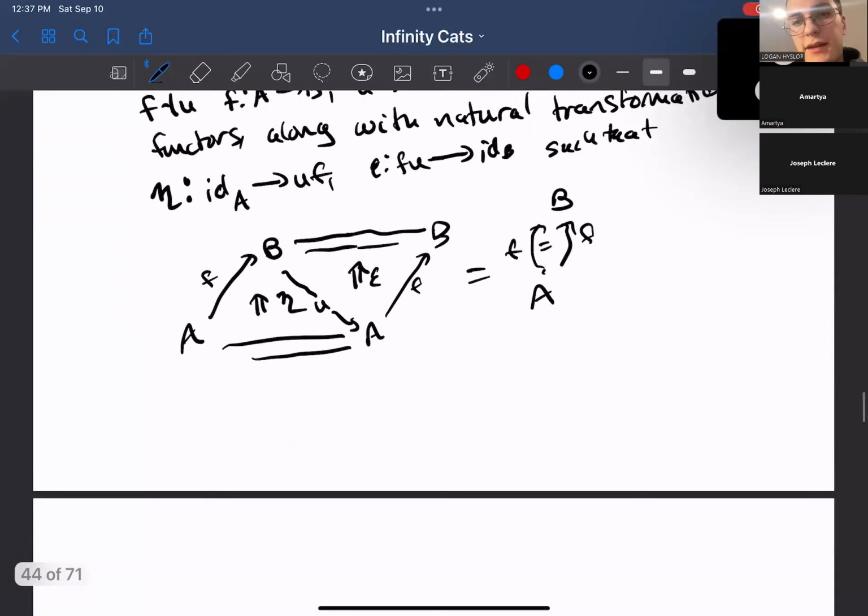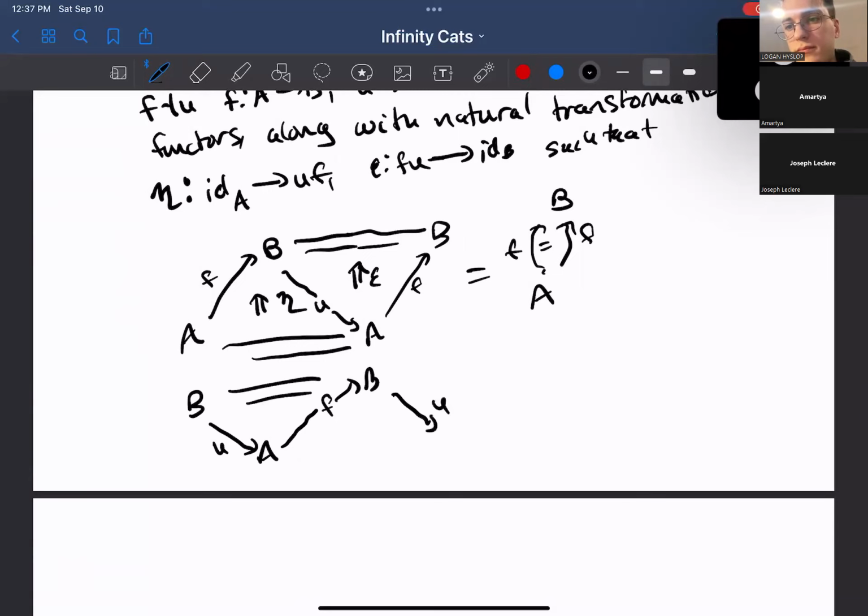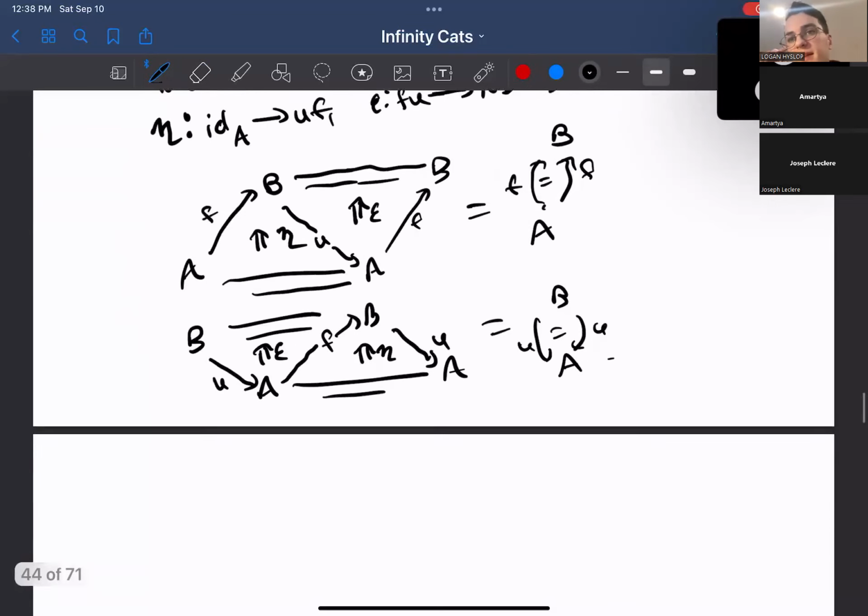This equality and these two are called the triangle equalities.